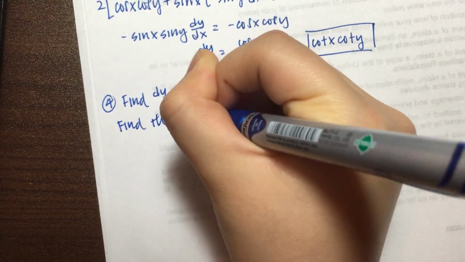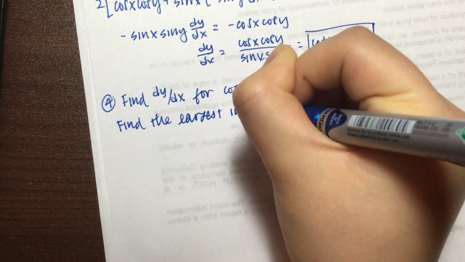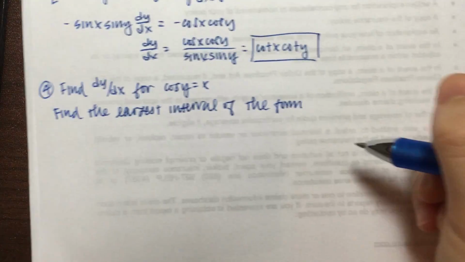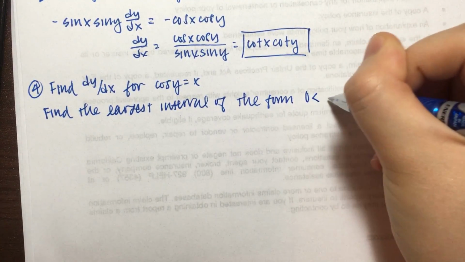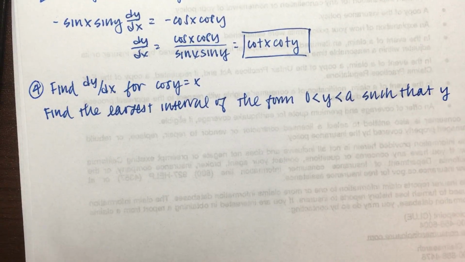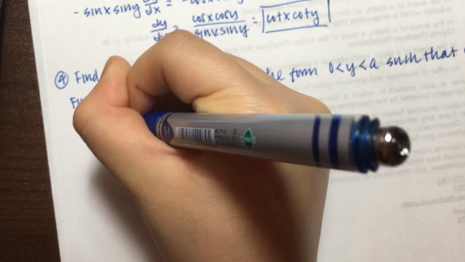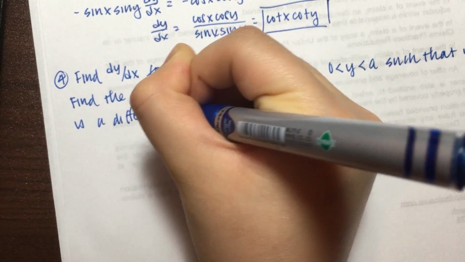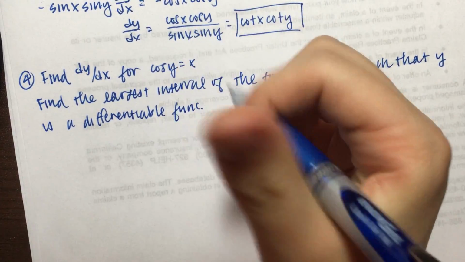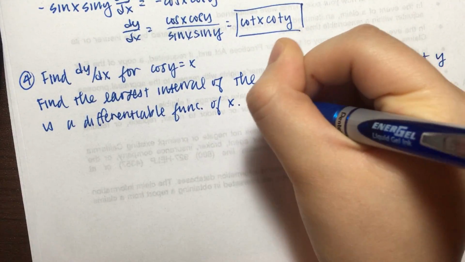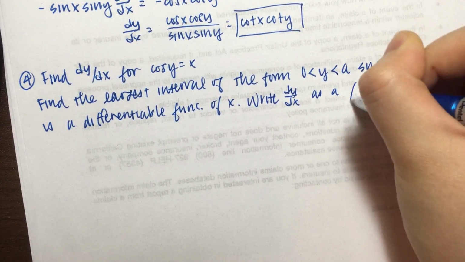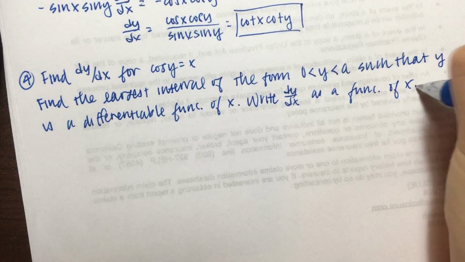Find the largest interval of the form 0 is less than y is less than a such that y is a differentiable, that's a long word, function of x, and then write dy/dx as a function of x.